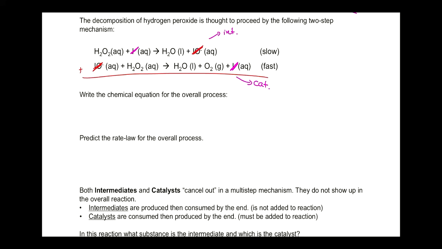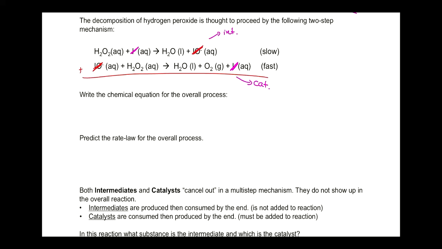The explanation between intermediate and catalyst is at the bottom here. Intermediates and catalysts both cancel out of the reaction a little bit differently. Intermediates are made and then consumed: they're a product and then a reactant. But a catalyst is consumed and then produced at the end, so it's a reactant then a product. So they get canceled out a little bit differently.